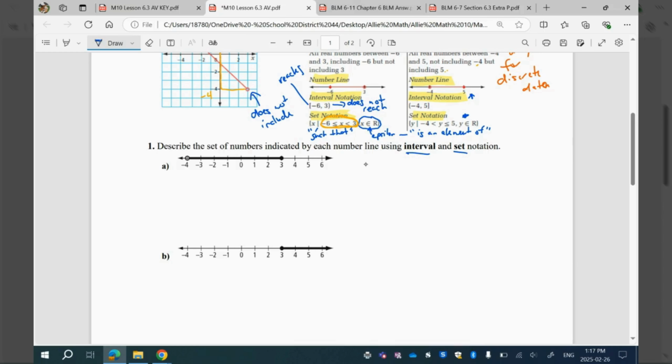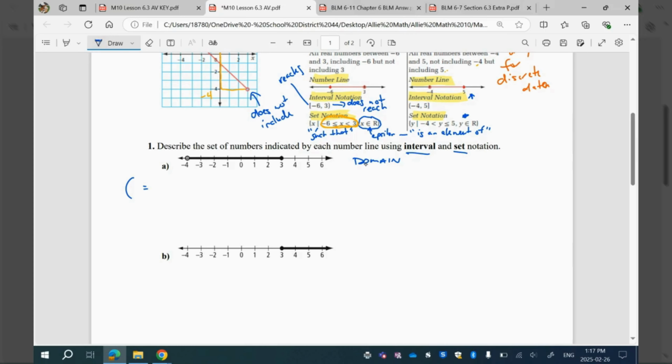Looks like we have, I'm going to use domain for this. So I'm going to claim these are x values. And so let's see, we have our lower end, -4, does not reach the -4. We have a not colored in circle. So I'll write this down.